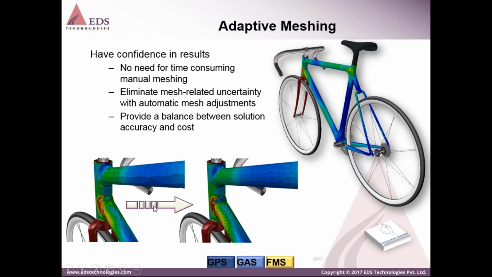That will definitely increase the confidence level of the results, because there is no need for time consuming manual meshing. It eliminates mesh related uncertainty with automatic mesh adjustments, and at the same time it gives a balance between the accuracy and the cost as well.